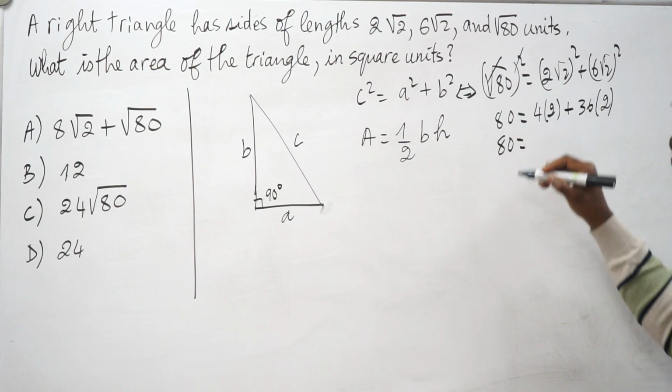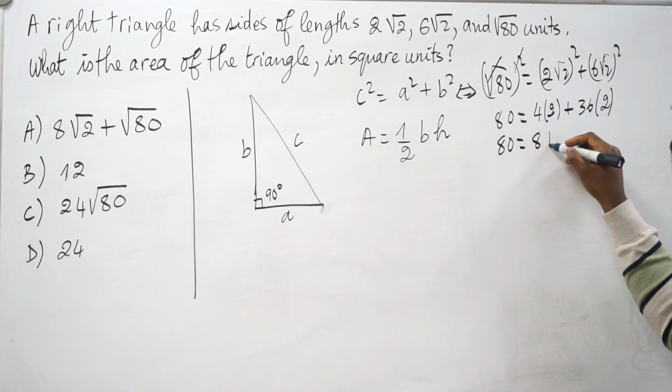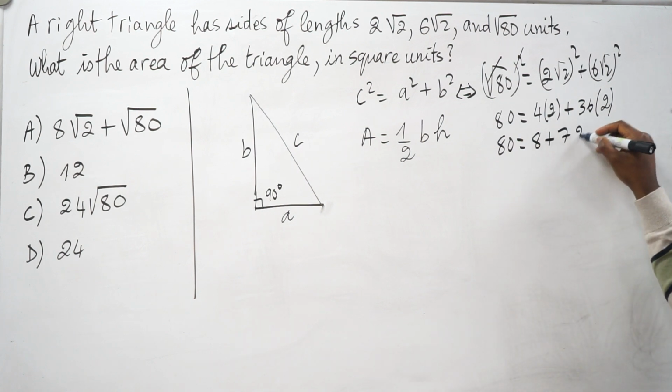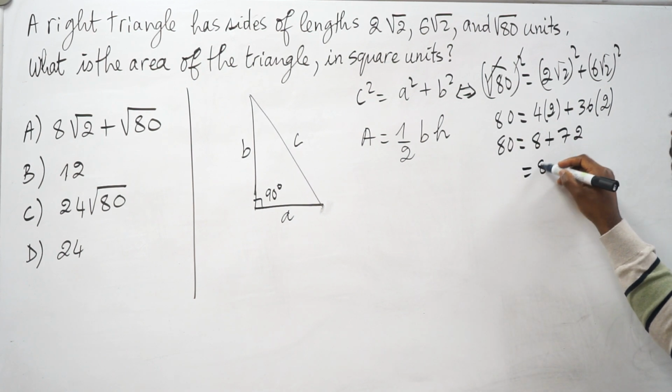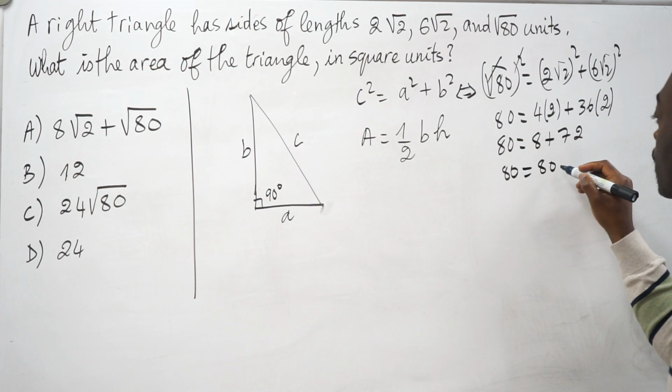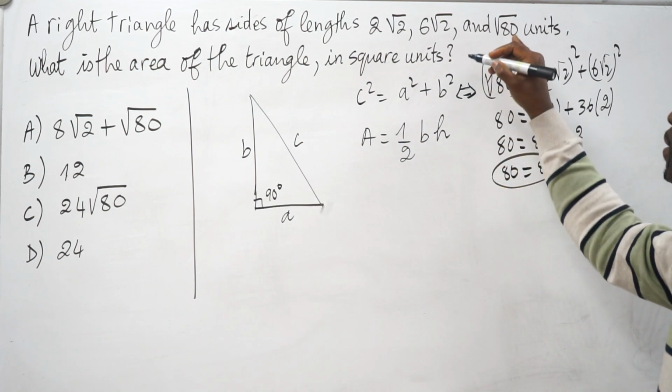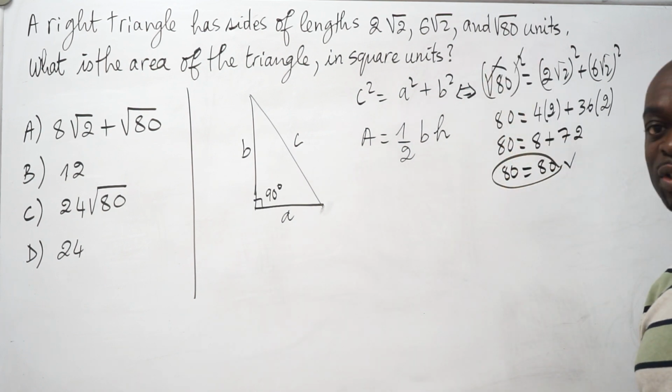So 80 equals what? 4 times 2 is 8, plus 36 times 2 is 72. If you add 8 and 72, this is 80. So it is true that this is your hypotenuse, C.